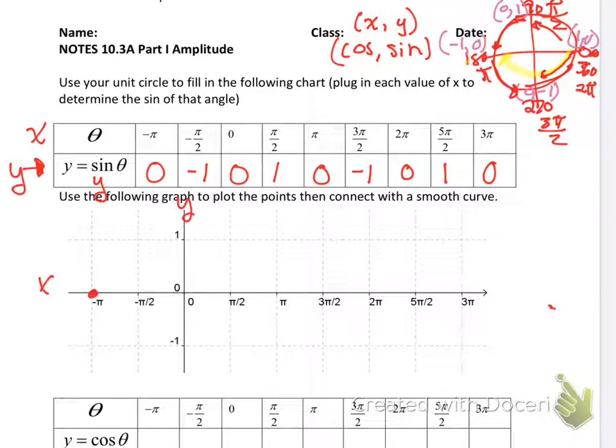My x has the radians. And then negative pi over 2, I put negative 1. Whoops. At 0, it was 0. At pi over 2, 1. Pi, 0. Negative 3 pi over 2, negative 1. 0, 1, 0. Okay, this is going to continue forever.